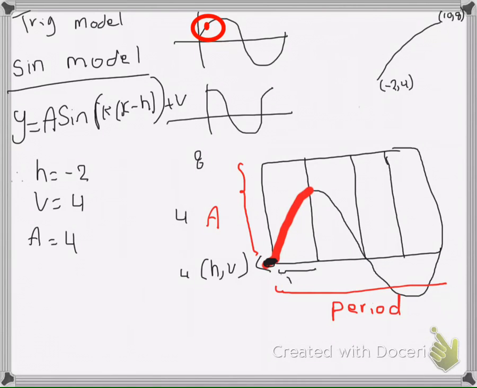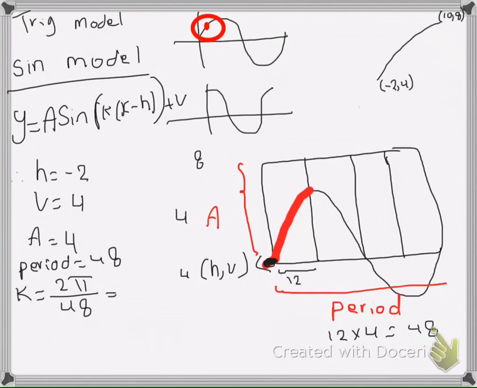Now the period: the width of the shape is 12 because from -2 to 10 is 12. This is a quarter of the sine shape, so we do 12 times 4, which is 48. So your period is 48, but k is 2 pi over 48, which simplifies to pi over 24, and that's why you end up with this equation.